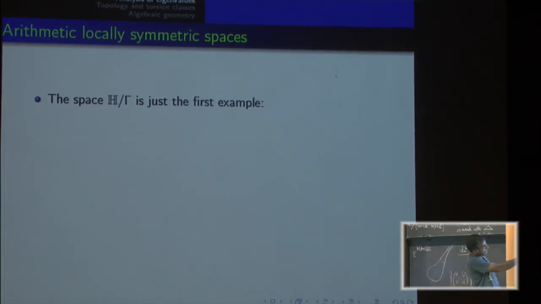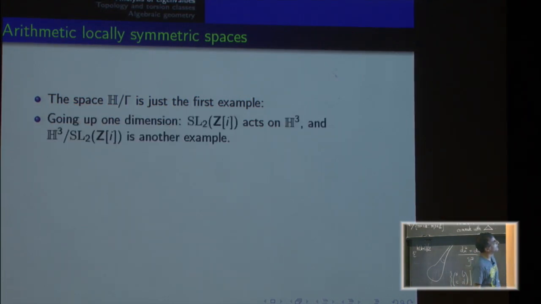So the natural example one dimension above is if I replace SL2 of the integers by SL2 of the Gaussian integers. This acts on hyperbolic 3-space, and you can form a 3-dimensional manifold. So let me just, again.